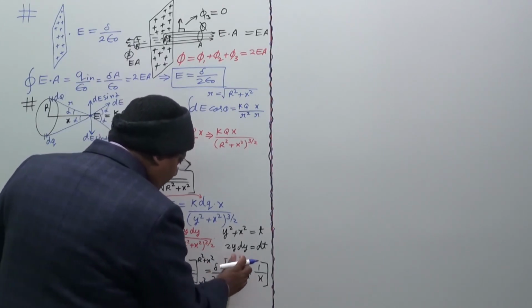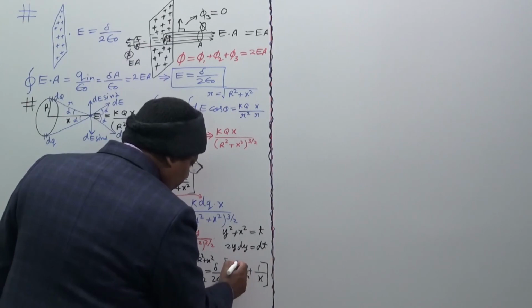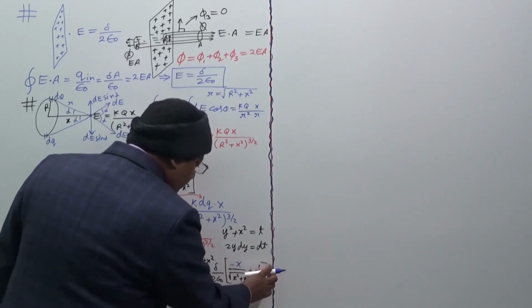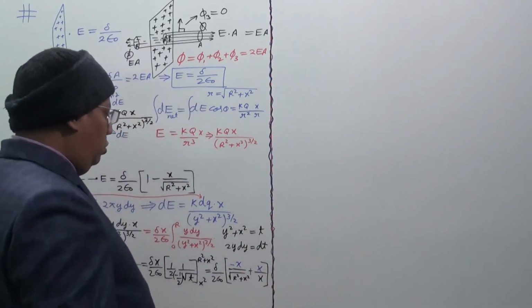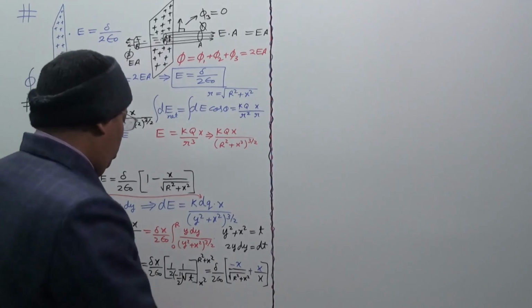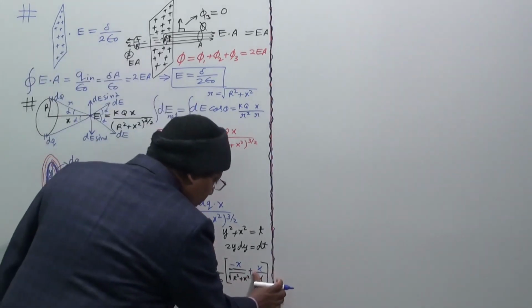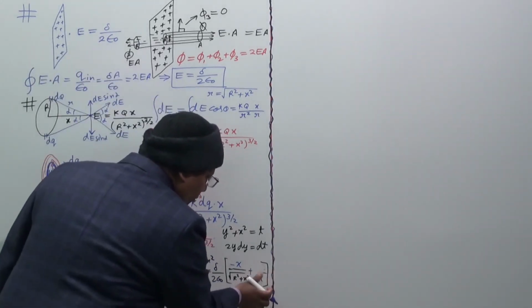Thus you will get x here and x here. x divided by x will cancel out and will become 1. So you can write it as 1.